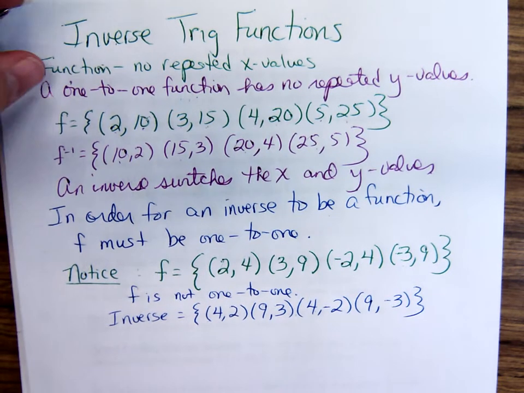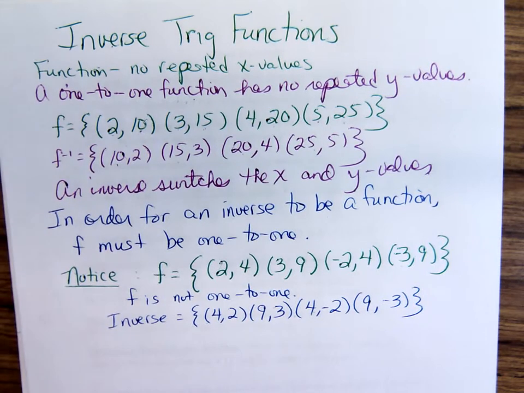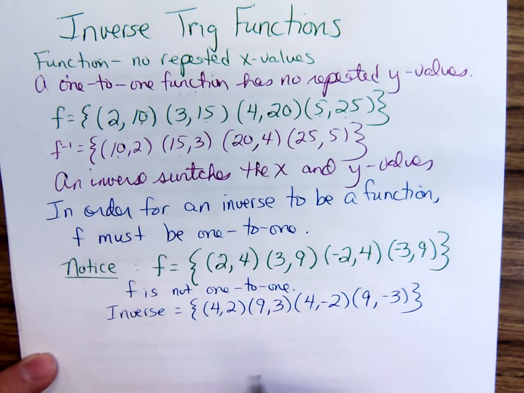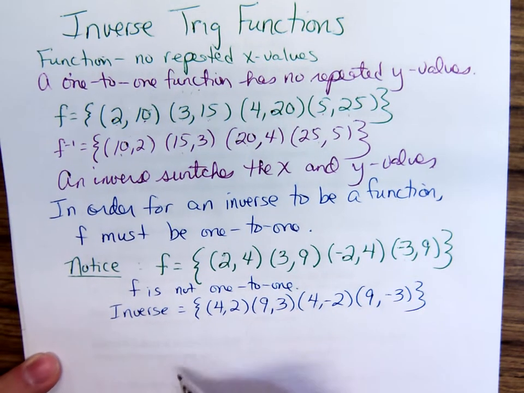In college algebra, we talk about the horizontal line test. A graph of a function, in order for it to be 1 to 1, no horizontal line should intersect it more than once.